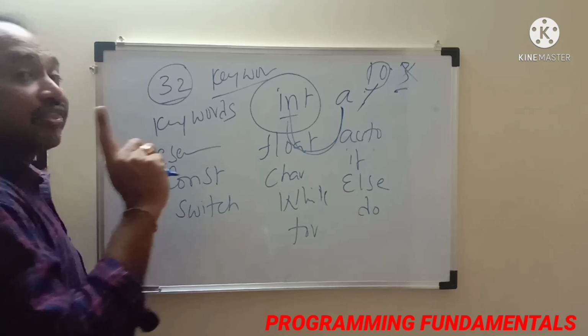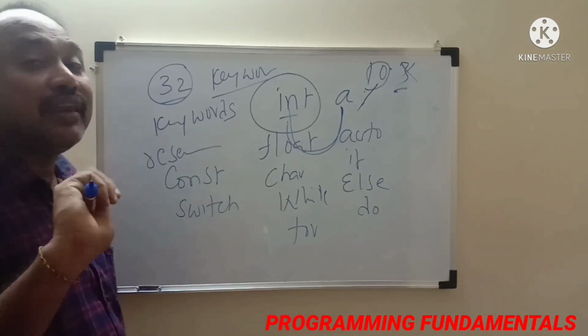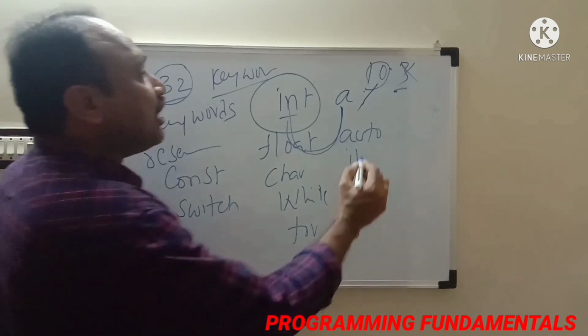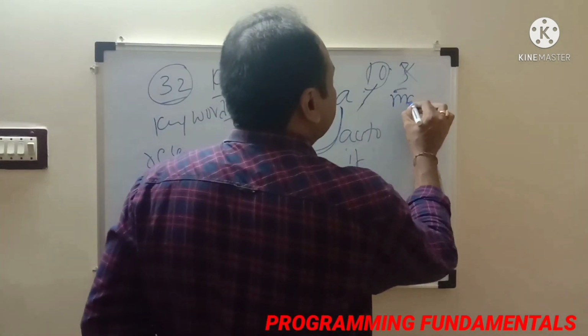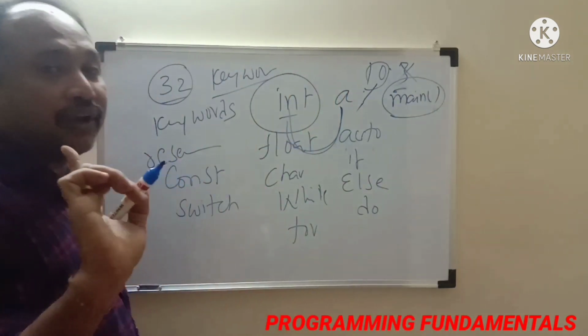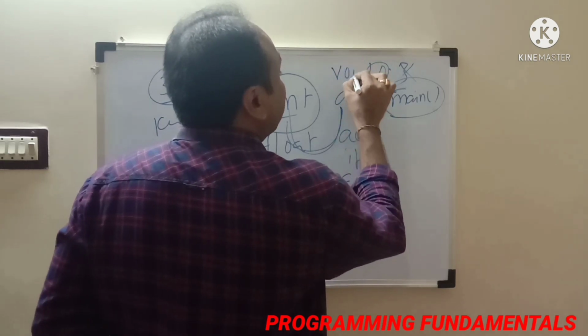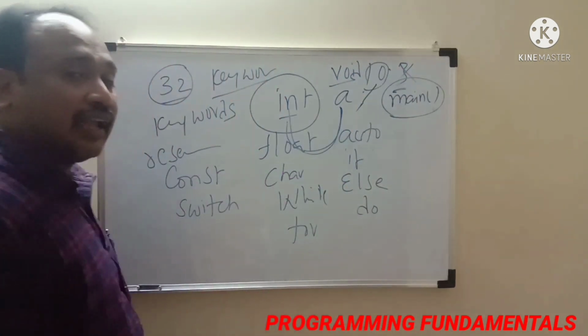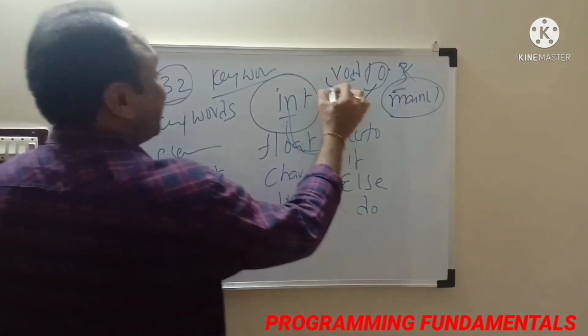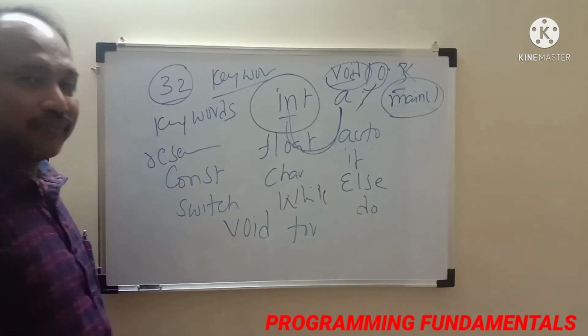Like this, we have 32 keywords in our C language. Main is not a keyword. Main is followed by parentheses. Main is a predefined function. It is not a predefined word. But while writing main, sometimes I can write void main. I can write main or void main. But this void is one of the reserved words.